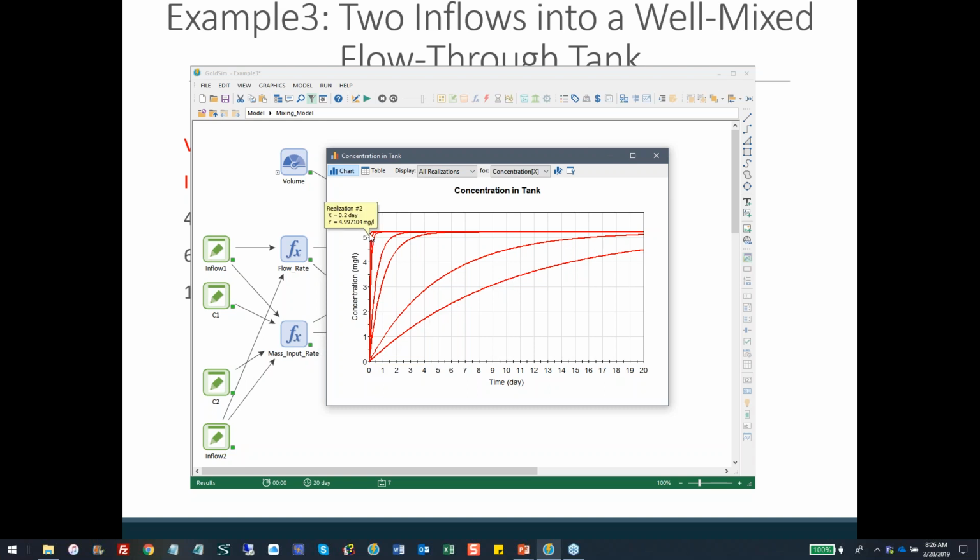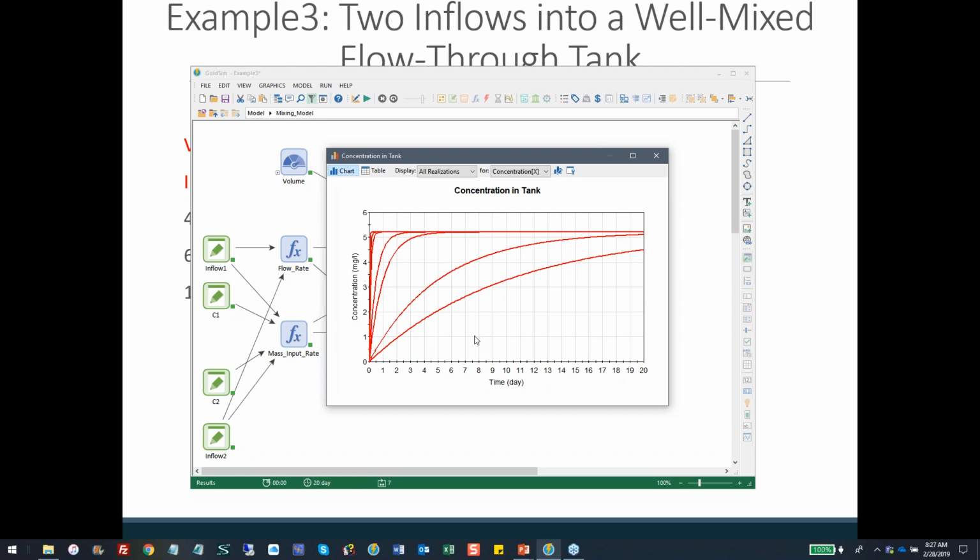This is the result when the volume was 0.1. And so you see what the volume does is the volume determines how long it takes this thing to reach a steady state. The volume says how long it takes for the average concentration, because remember we're mixing it through the whole tank, to respond to these inputs.